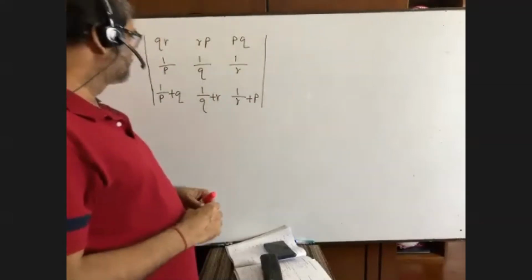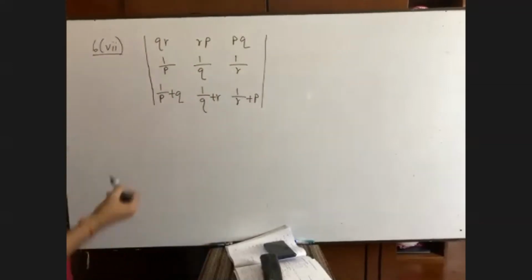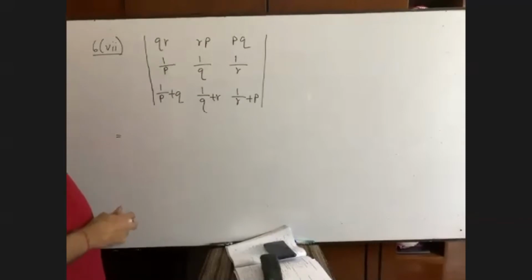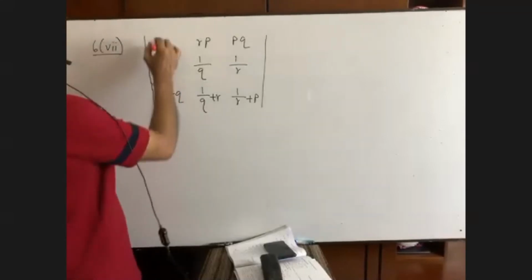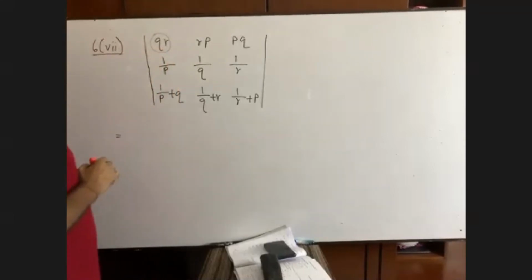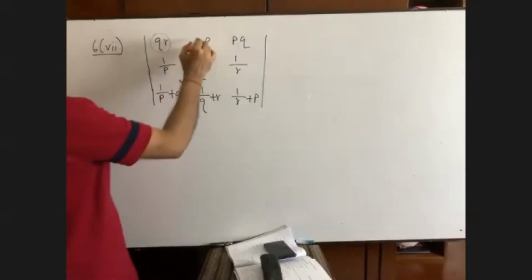Okay, you see, in this math, what is to do? You give emphasis here. Out of PQR, what is left here? P is left here. Out of PQR, here Q is left.